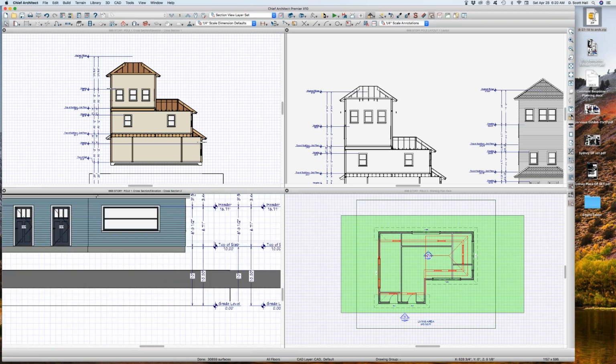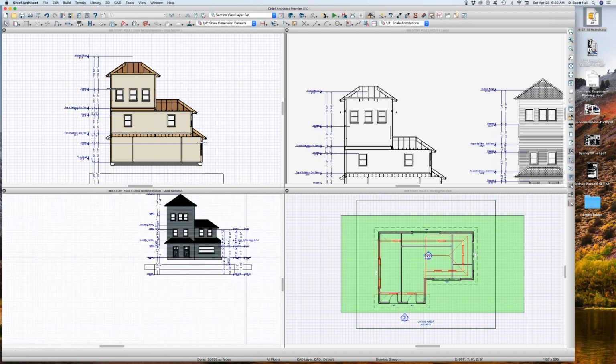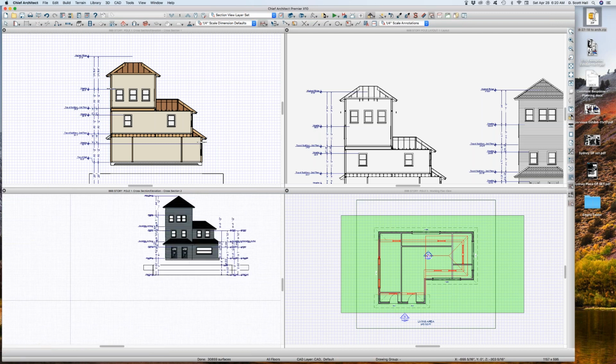So the house, the top of slab is 10 foot above sea level, but how far up above the dirt is it? 4 foot. Now notice, I'm going to get rid of these dimensions one more time.